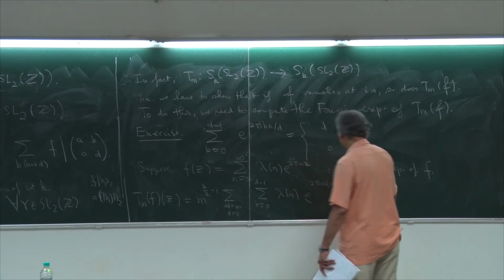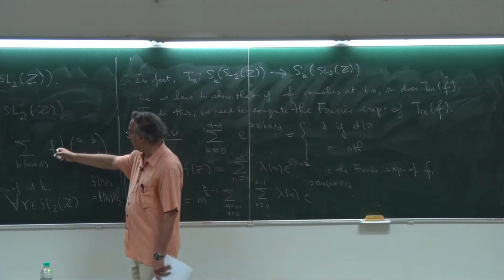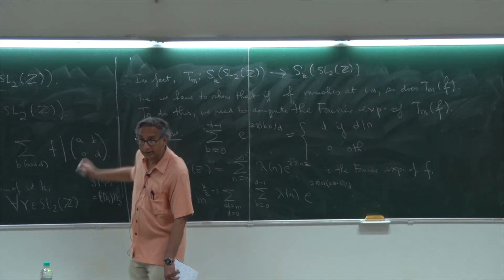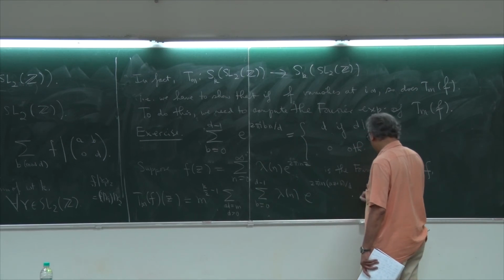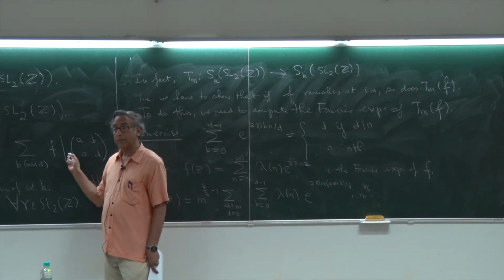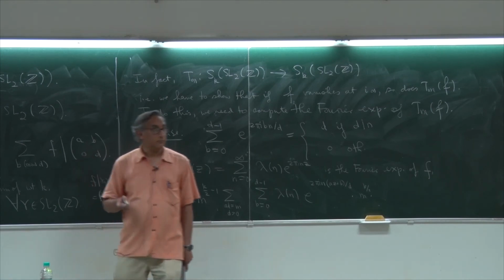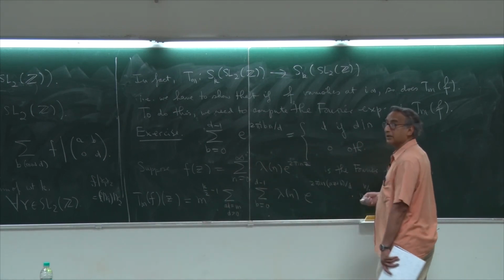And of course, there are all these fudge factors that go with this. The fudge factor that goes with the slash operator is the determinant to the k over 2. In that case, ad is equal to m, so m to the power k over 2, and times (cz plus d) to the minus k.